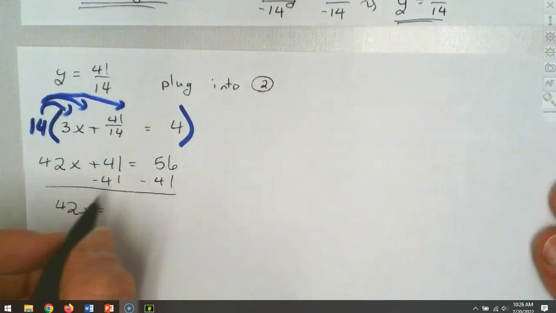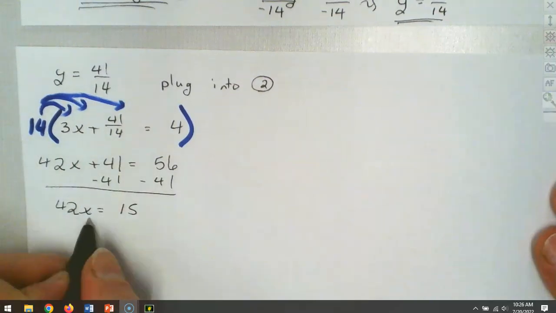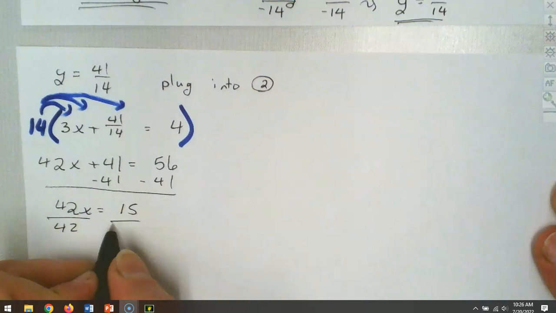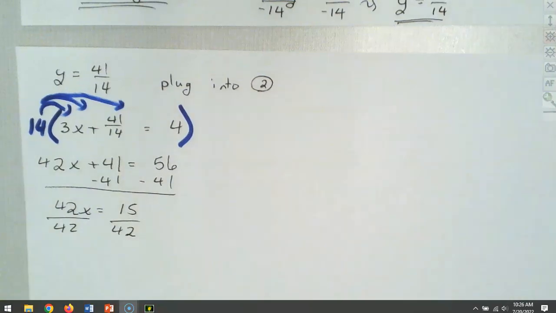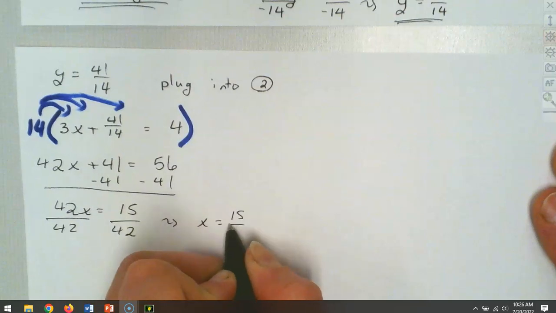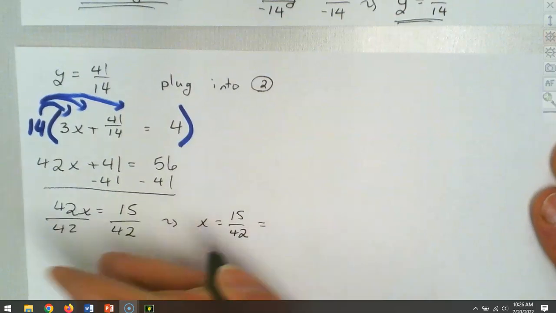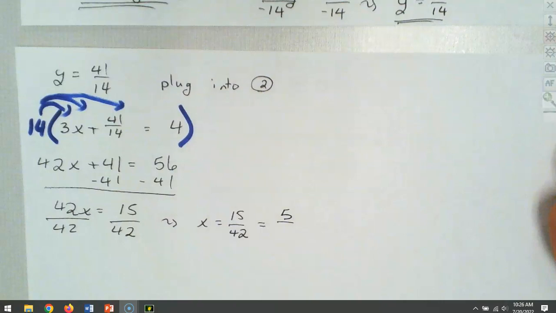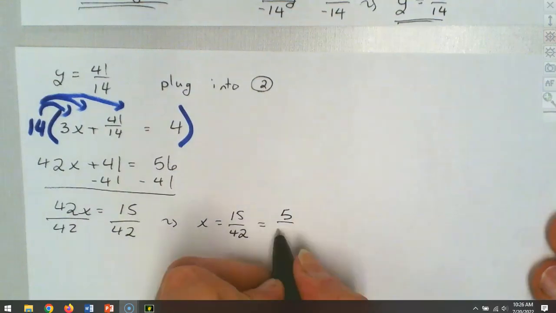And that gives you now 42x equals 56 minus that 41, which is 15. Divide by your 42, and that's not going to reduce down any, I don't believe. Well, actually, it'll go down by a factor of 3, because you've got x equals 15 over 42. Those both have a 3 in common, so that's going to reduce down to be 5 over 14.